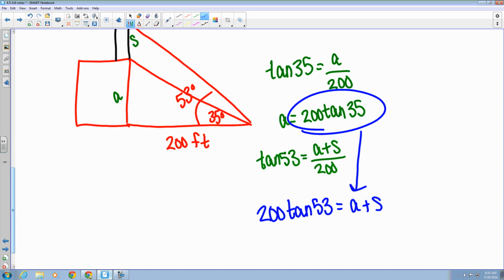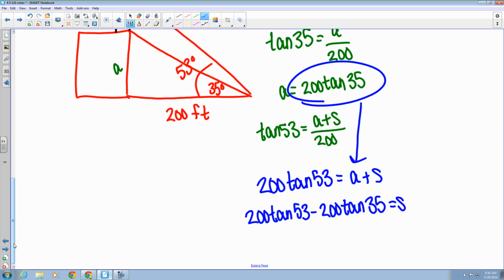I can subtract that from the 200 tangent 53 to give me S. And S in this case is about 125.4 feet.